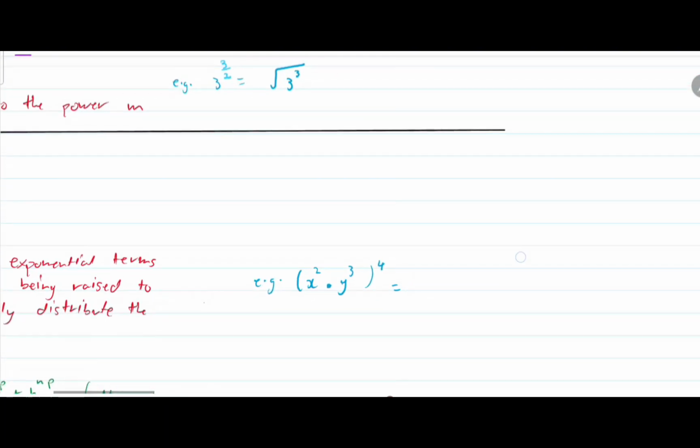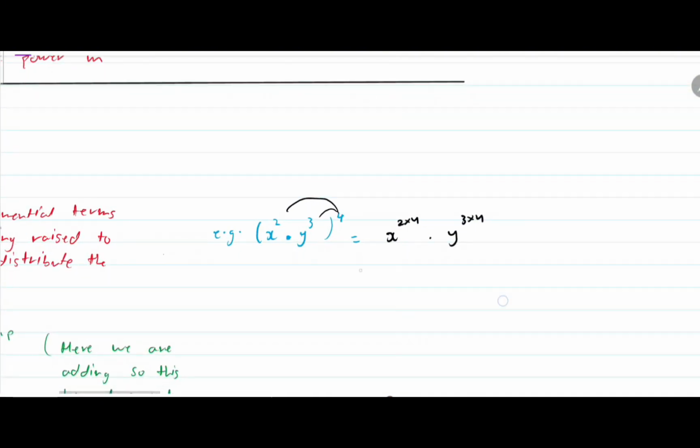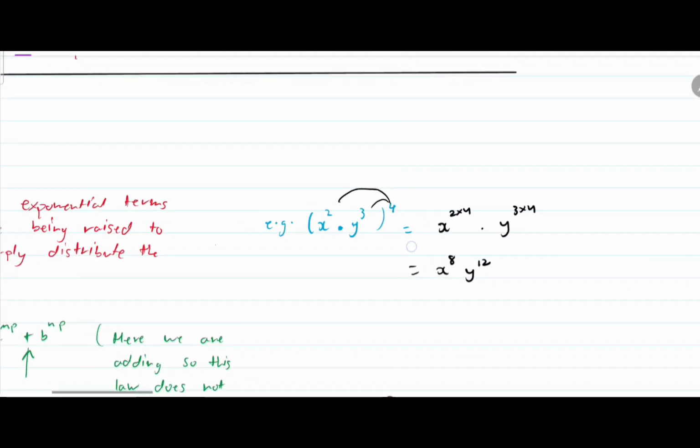For an example, if I had x squared times y cubed, all being raised to the power of 4, this is going to be equal to x raised to the power of 2 times 4 multiplied by y raised to the power of 3 times 4. Again, distribute, right? So that's going to be equal to x raised to the power of 8 times y raised to the power of 12.